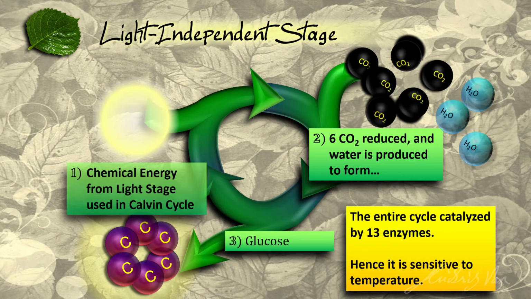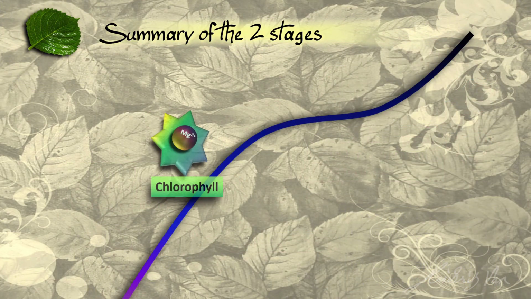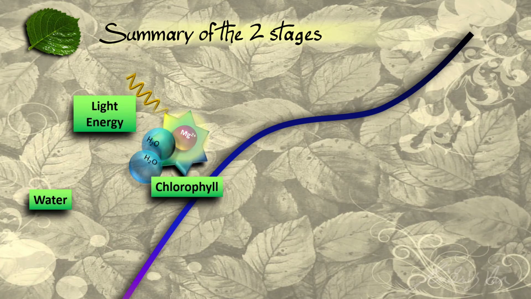It is temperature dependent. So to summarize the light stage as well as the dark stage, first we have our chlorophyll, then water is being delivered to the leaf where you can find chlorophyll. So light comes over and it will split the water molecules and oxygen is given off.